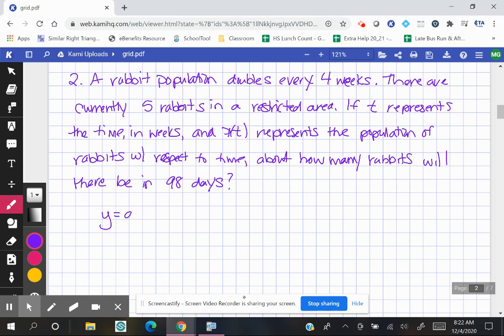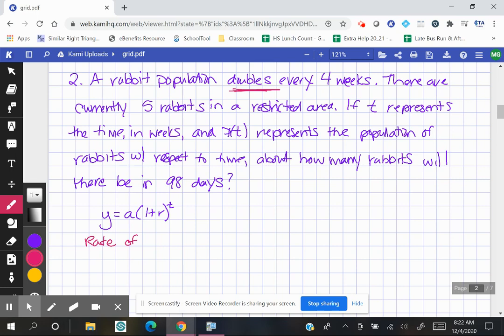So I'm going to start with y equals a times 1 plus r, raised to the t. All right, so that's my exponential growth equation. So the question then is, what is my rate that I am increasing by? Well, I'm doubling every 4 weeks.